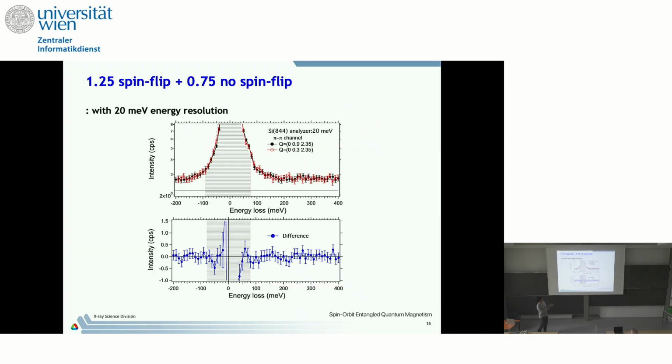But when I compare around the gamma point and around the zone boundary, I do not see it. In this case, I used 20 meV energy resolution, but I do not see it. One thing you have to note is that the background level is rather high, so maybe it's because of the background.